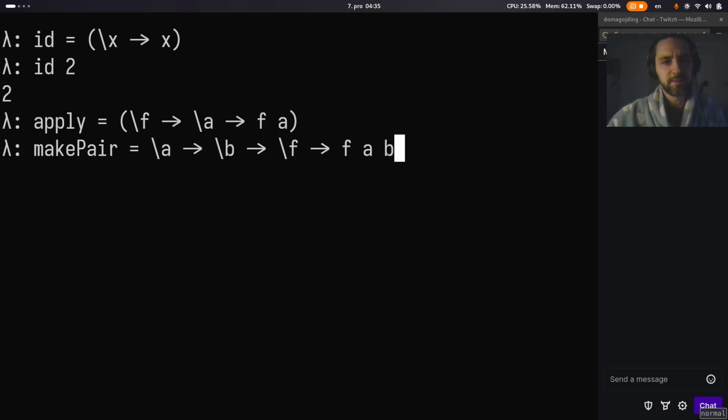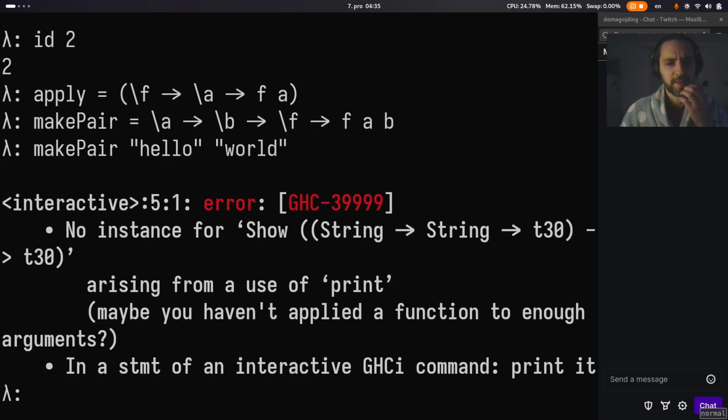But my naive idea was that I have A and I have B, and then I have to call a function, and then F being applied to some A and B will create a pair. And then what was very silly, I do make pair "hello world", and it gets me: no instance for Show, String arising from use of print. And then you're like, what's going on? Make pair.